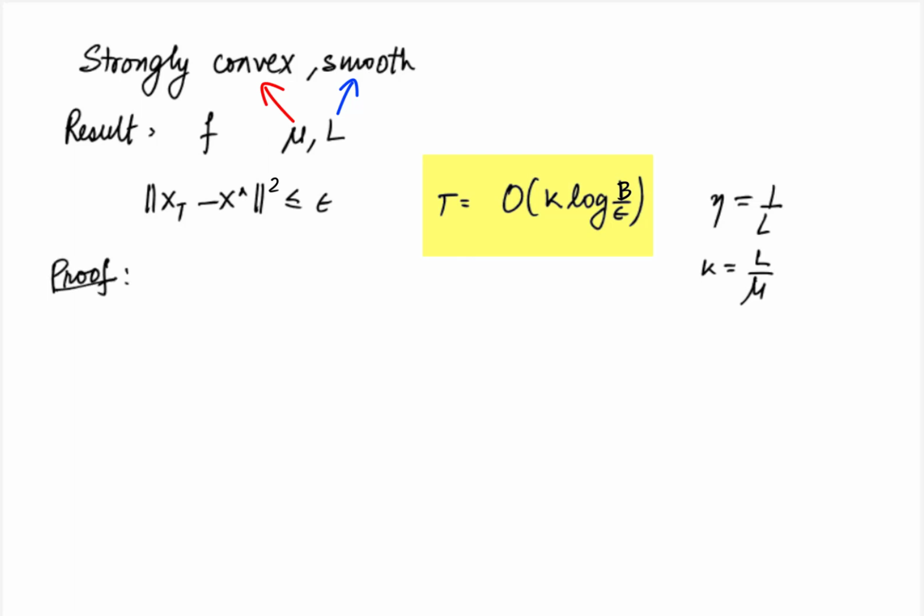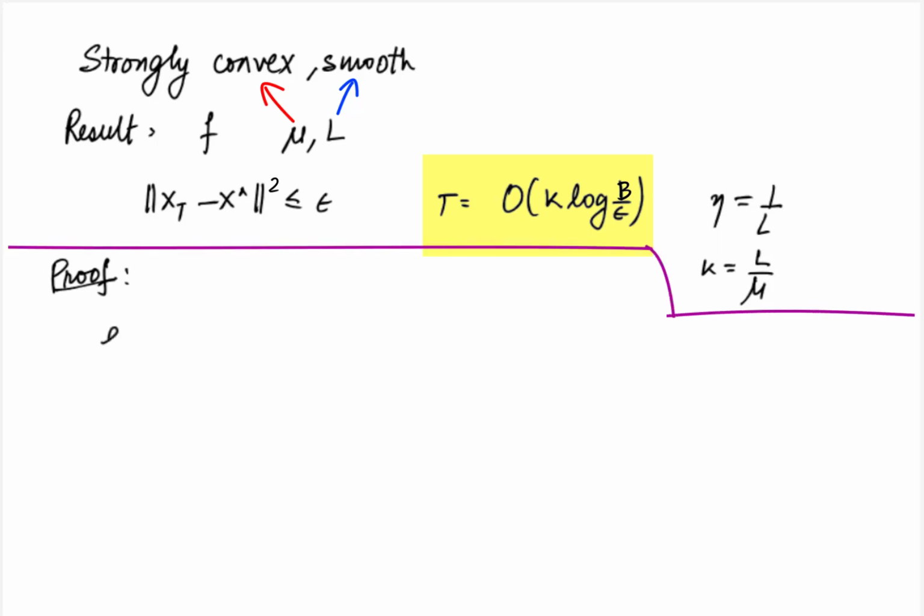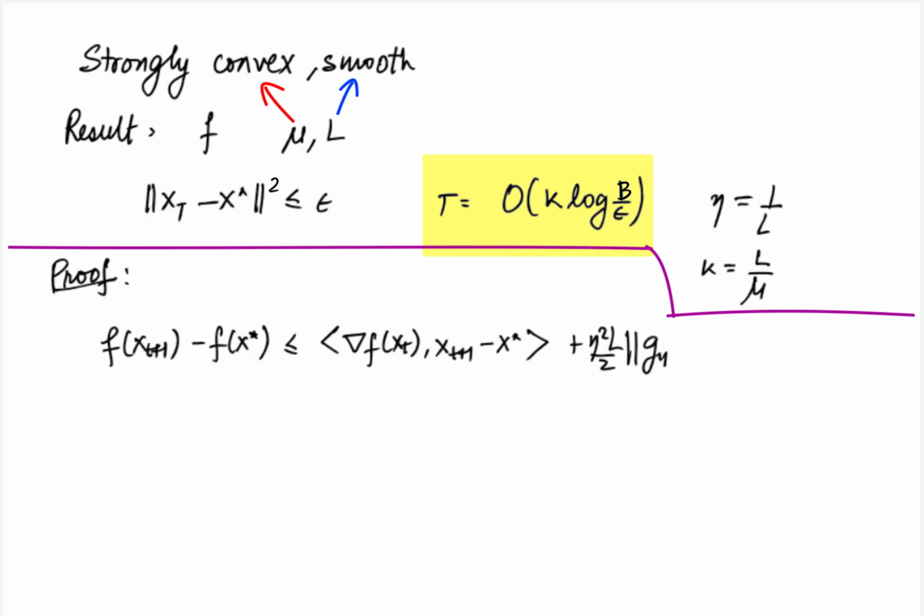First, we write down the quadratic upper and lower bounds for f and add them together so as to obtain f of xt plus 1 minus f of x star is less than equal to inner product of gradient f of xt, xt plus 1 minus x star plus eta square L by 2 norm square of g eta of xt minus mu by 2 norm square of xt minus x star.